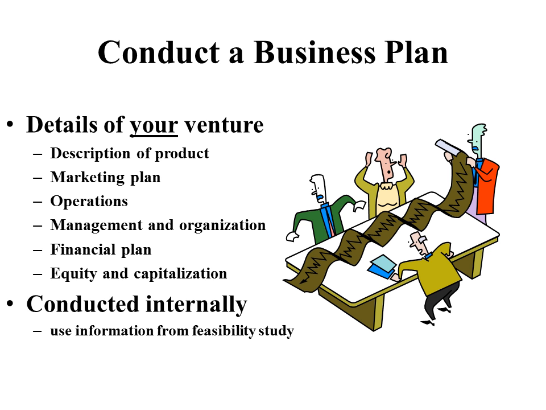You'll want to come up with a marketing plan specific for your co-op, specific operational details, what the management and the organization will look like, what your financial plan is, what type of capitalization is necessary, what type of equity that you can raise amongst yourselves. The business plans tend to be done internally. You would oftentimes pull information from that feasibility study, but then put in the personalized details of what you're going to do, what your cooperative is going to do.